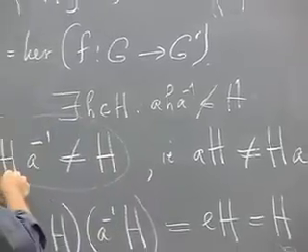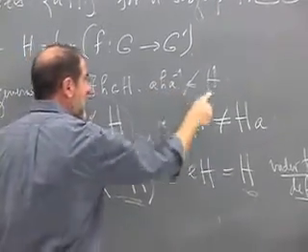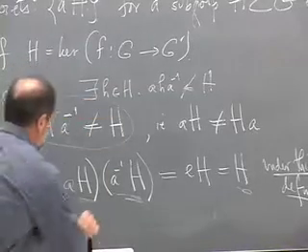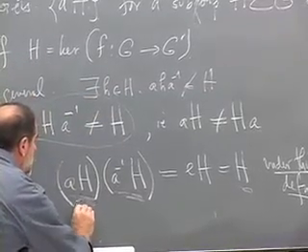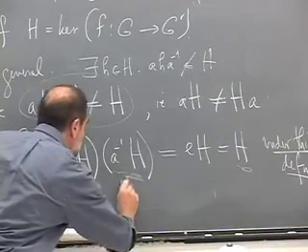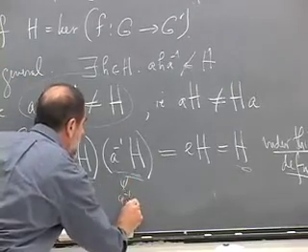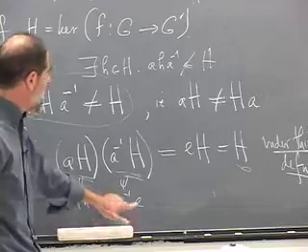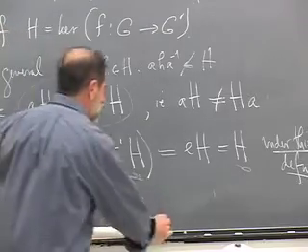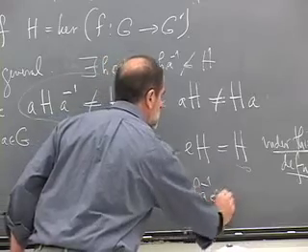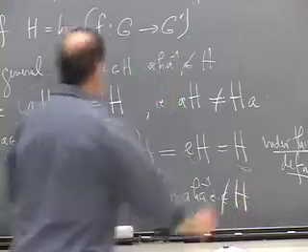There exists one element in here such that when I conjugate it, I get out of H. So I take, as a suggestion, the element AH in here, and I take the element in here, A inverse times E, which is certainly good. And I take their product, and I get AHA inverse, which is not in H, by my hypothesis.